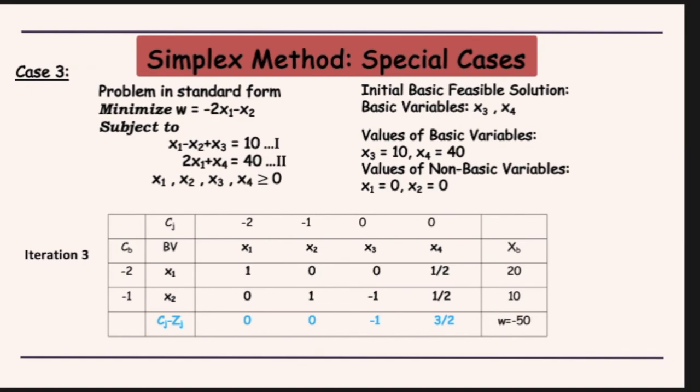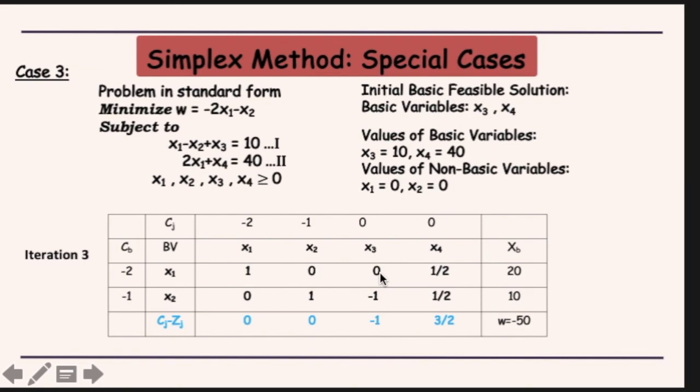So here, if you notice, all these Cj minus Zj's have not become non-negative. So that means there is still possibility of improvement of the objective function, since we are now dealing with the minimization objective function. So a negative Cj minus Zj indicates that it can be further improved. But if you go for checking the ratios, the minimum ratio criteria for the leaving variable, you can notice here that you cannot take either of these two ratios, because 20 by 0, so you have a 0 here and you have a negative number here.